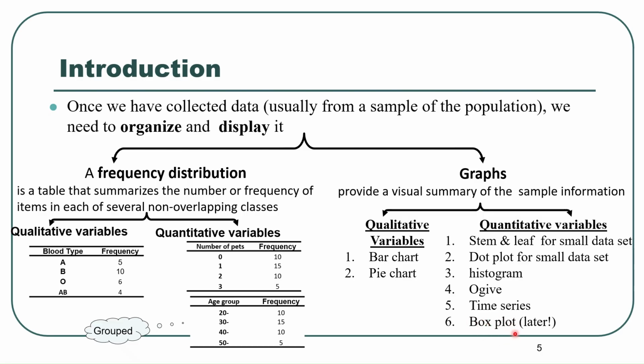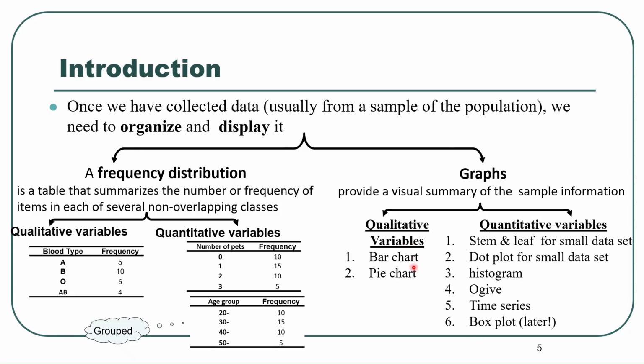Not in today's lecture, because box plots need some other measures that we did not cover in this lecture. So later we will cover that in its practical position among the topics. Okay.